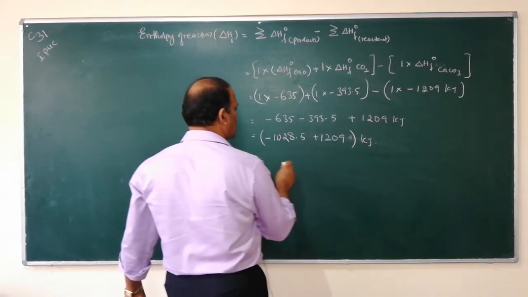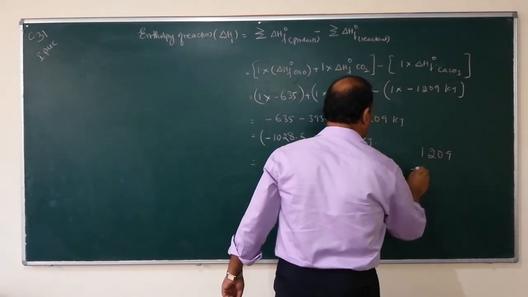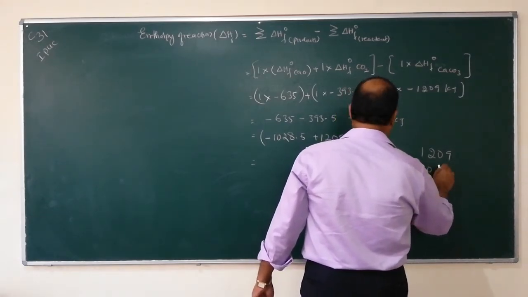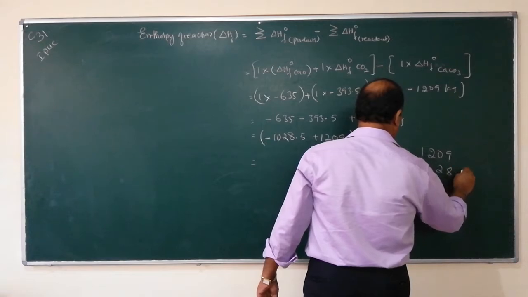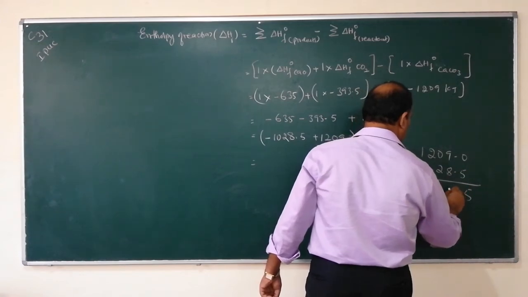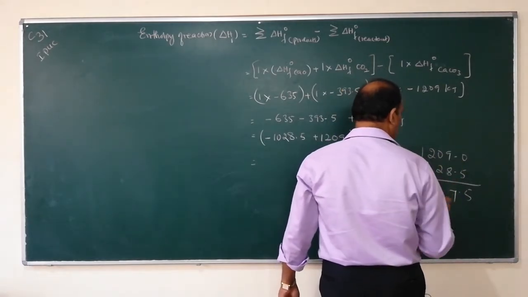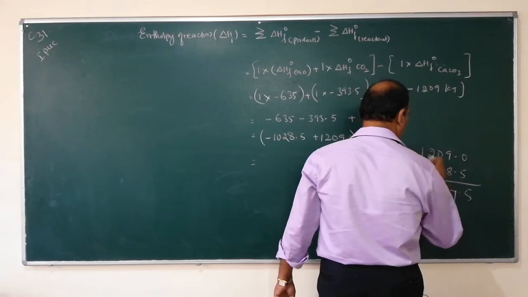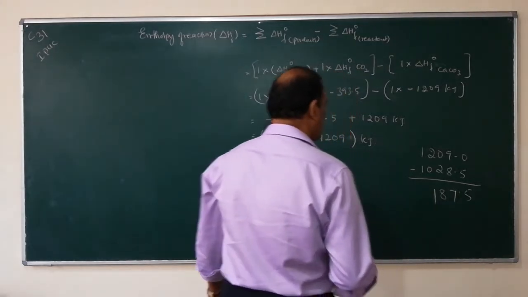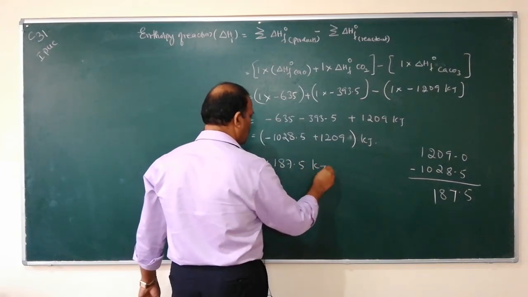This equals 1209 minus 1028.5, so this one is plus 180.5 kilojoules.